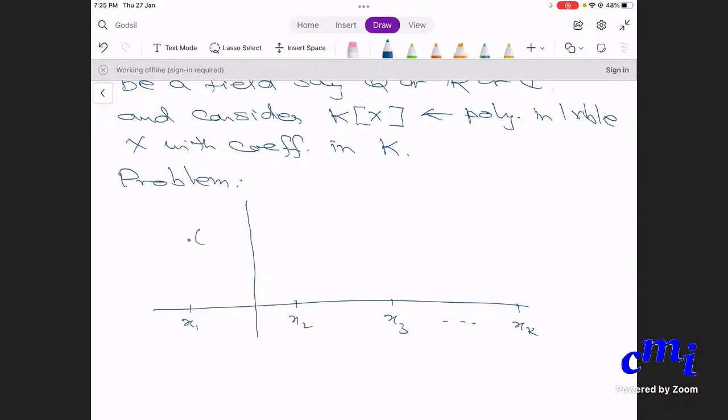You're given x1, y1. Then some point x2, y2. Then x3, y3. So on and so forth. You're given some point xk, yk. Now what you would like is a polynomial whose graph should go through all of these points. So maybe something like this.